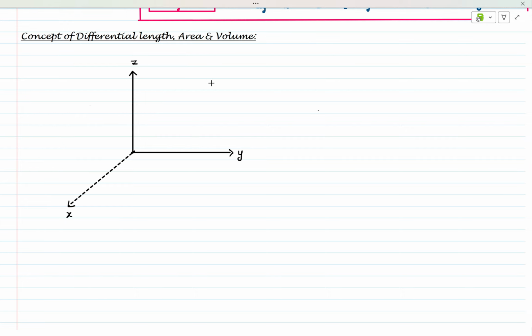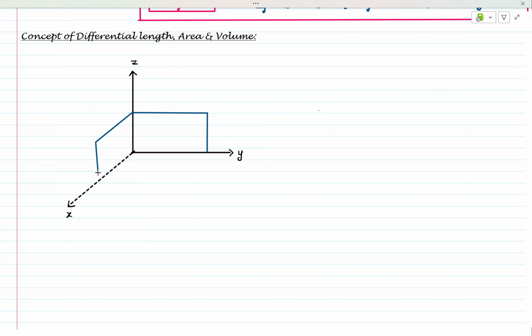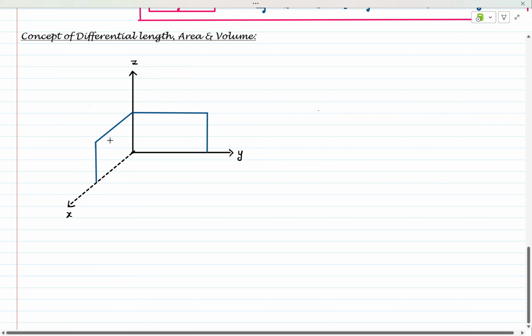So let me draw the block first. Okay, this is a large block.